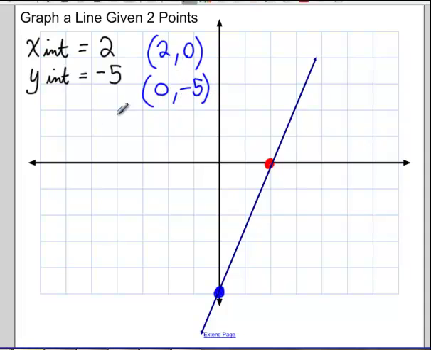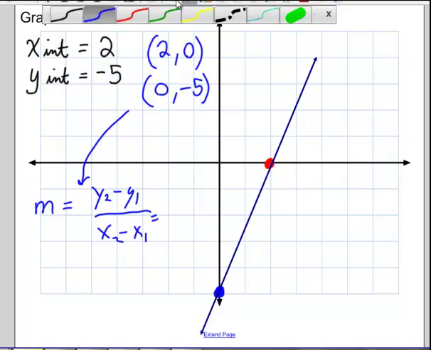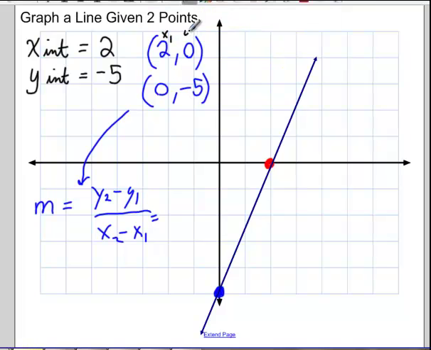And if you have 2 points, you can always find the slope using rise over run, or the difference in your y's over the difference in your x's. So y2 minus y1 over x2 minus x1. And if we plug this in, it doesn't matter which point we say is the first point or the second point. We just have to be consistent.